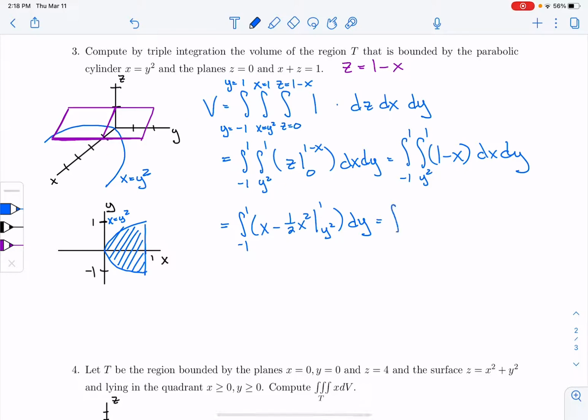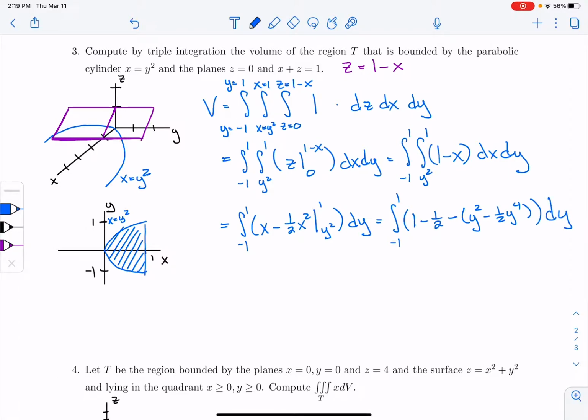So I'm going to now substitute in my limits. So x is 1 minus 1/2 1 squared, so 1 minus 1/2. And then I'm going to subtract. I'm going to substitute in x equals y squared. So I'm going to get y squared minus 1/2 y to the 4th. And all of that is then going to get integrated dy.